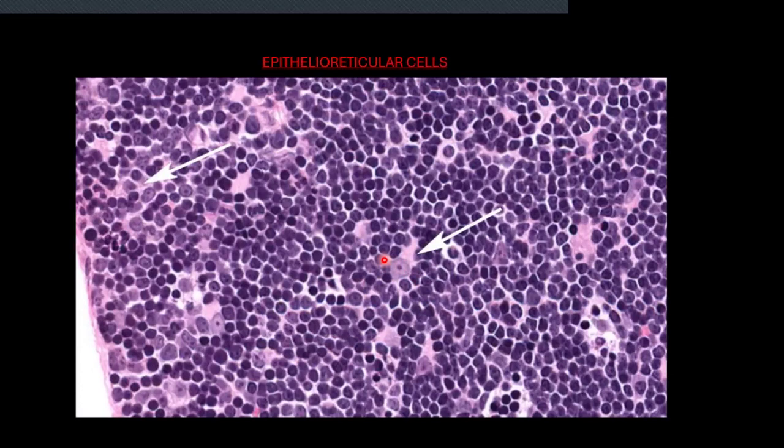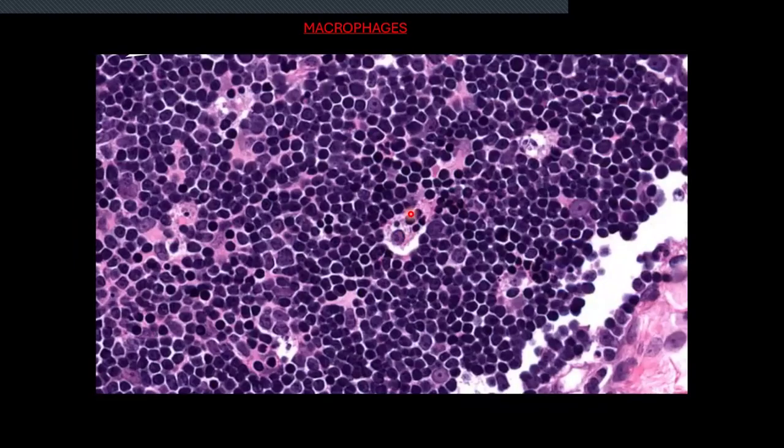Now, which other cell types are found within the cortex? You also have macrophages. Now, this is a macrophage there, okay? And this macrophage, specifically here, you can see it has phagocytosed some cells, some T cells. So the function of the macrophages is to phagocytose these apoptotic T cells.